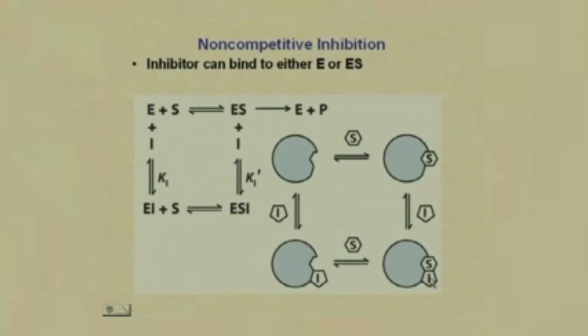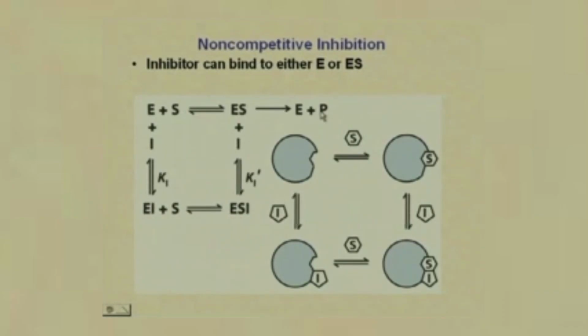Okay? Because the inhibitor acts at the active site in such a manner that the catalytic reaction cannot take place. The catalytic reaction takes place only if the active site of the enzyme is bound to the substrate in this manner only. Okay? The inhibitor sits here, so it prevents product formation basically.